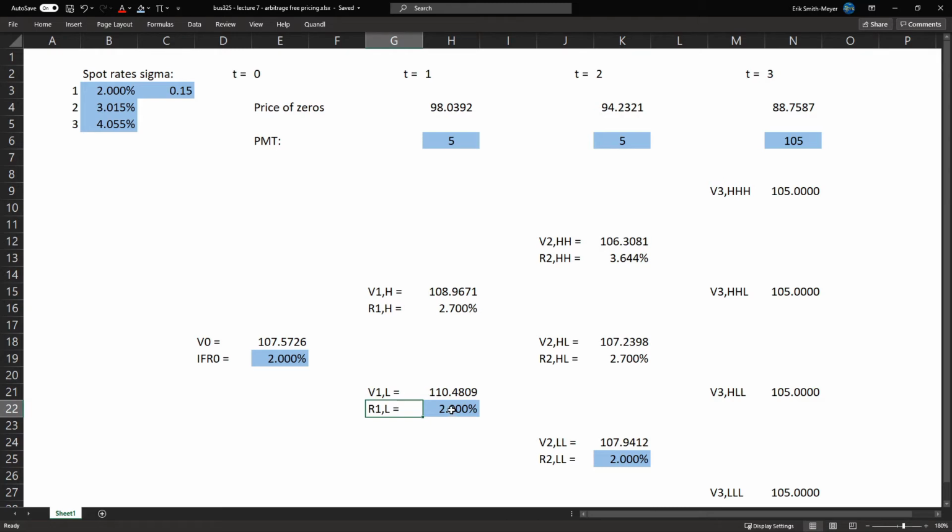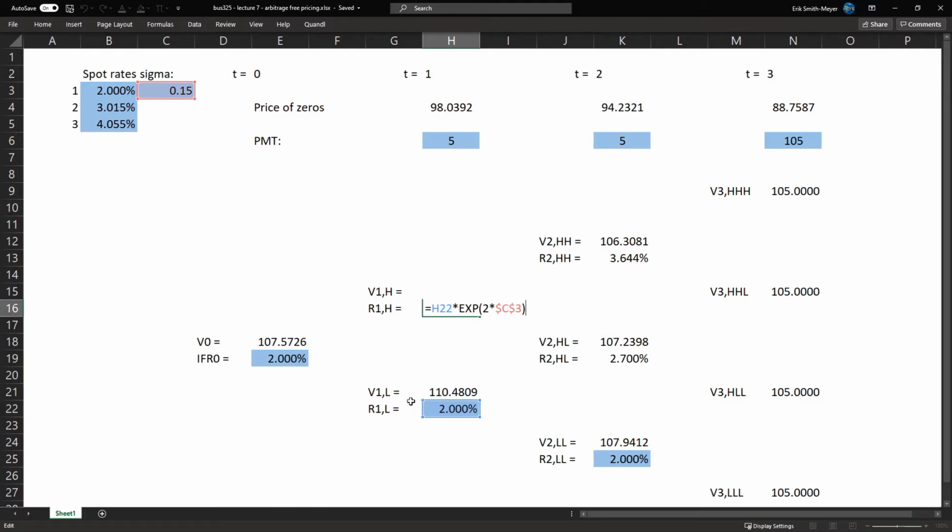So what we do is take the lower rate and find the rate 2 standard deviations higher, because between the high rate and the low rate there would be 2 standard deviations.